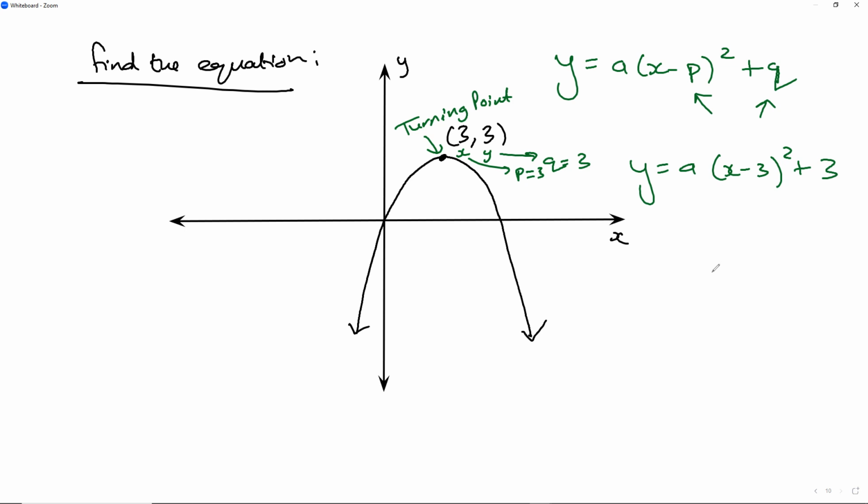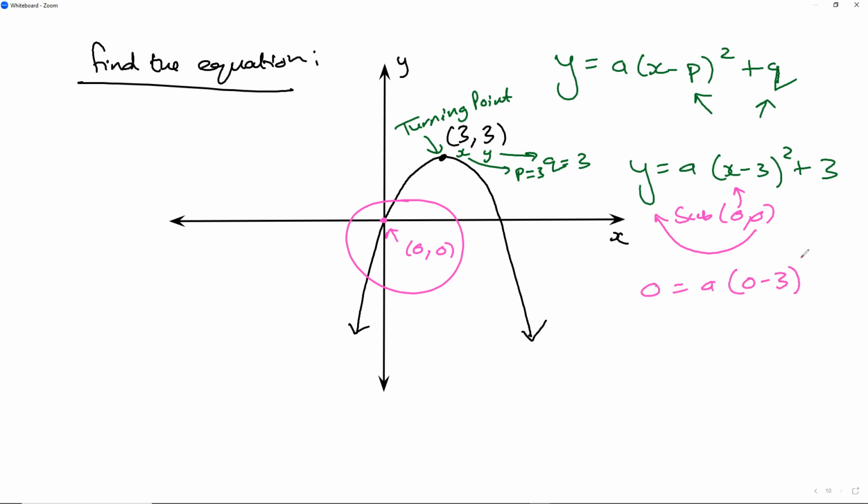Now I need to get the a value for this, but I don't have another point. And I can see that this goes through that point over there. So there's a hidden point over here, 0, 0. So that's the point I need, 0, 0. Make x 0, make y 0, find a. So it'll be 0 equals a(0 minus 3) squared plus 3. Taking this across becomes negative 3 equals a times 9.